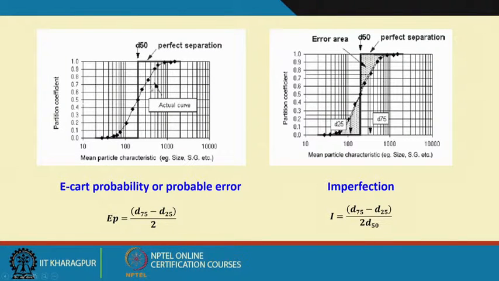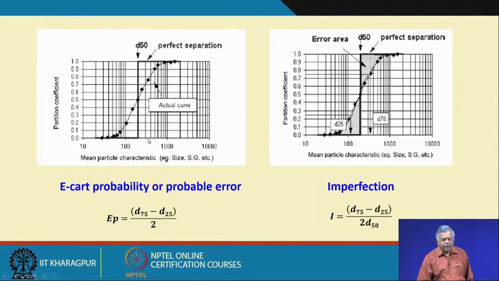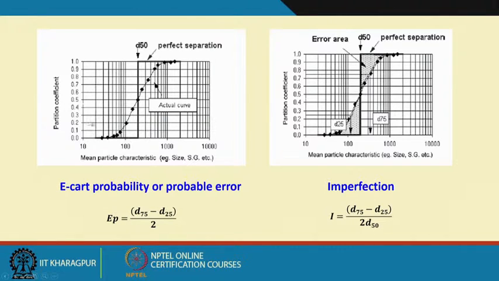Similarly, from this I can also calculate the 75% passing size, D75. That is where the material has a split of 75:25, or 3:1. Similarly, I can get the value of D25, at 25%, that is 1:3.